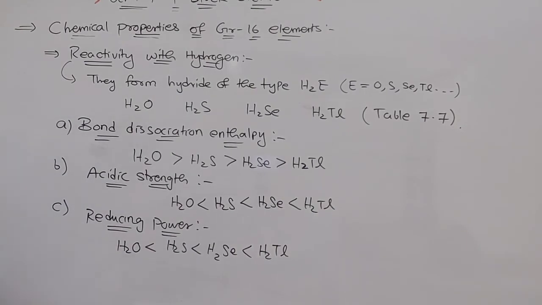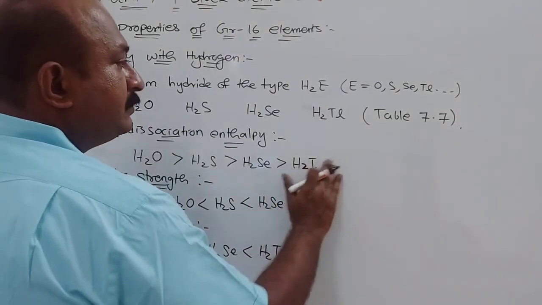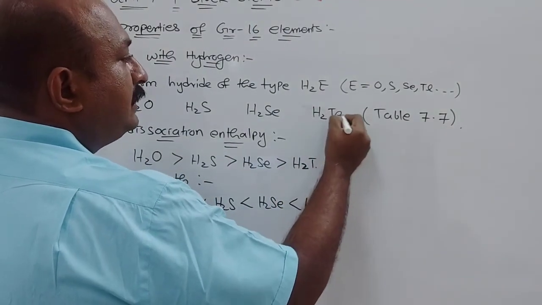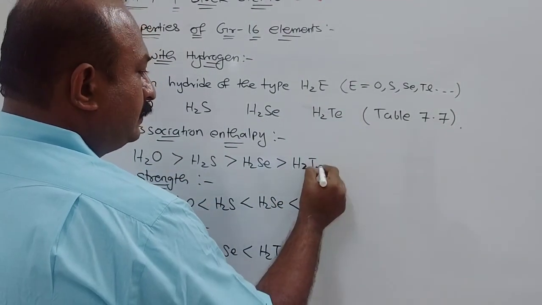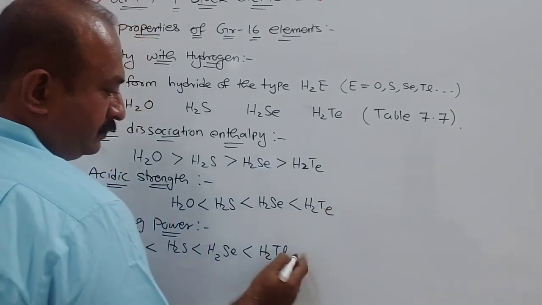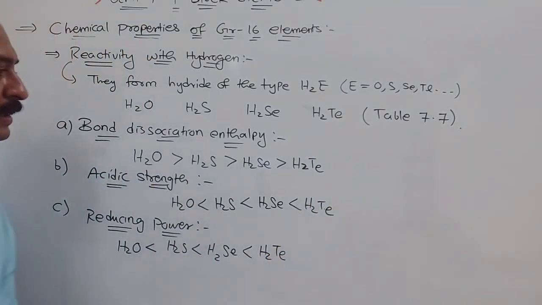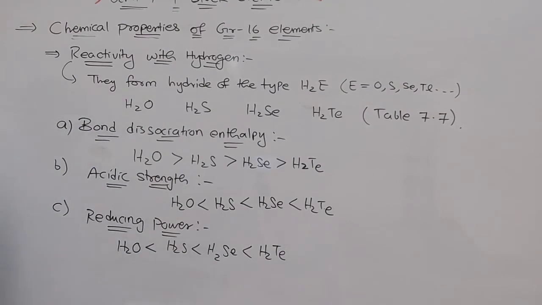Sorry, just a minute. Tellurium is Te, so we made a mistake over here. So the reducing power is H2O, H2S, H2Se and H2Te.